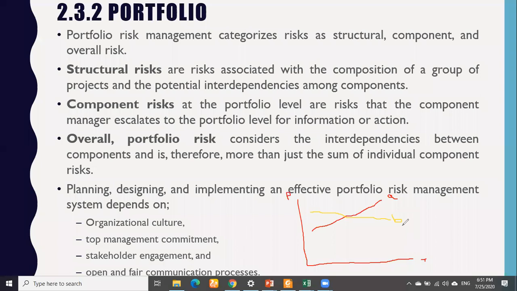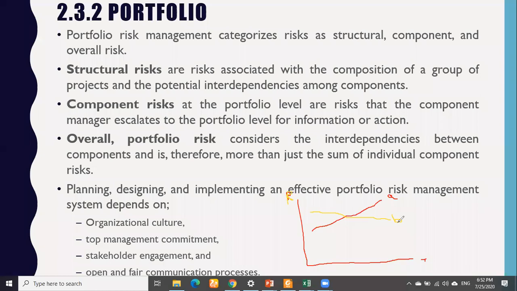So same is the case, like for example, if we are not talking about performance, let's say rewards, the rewards we are getting out of the project. So if somehow there are some events that cause an increase in rewards in project A, there might be a decrease in reward in project B.